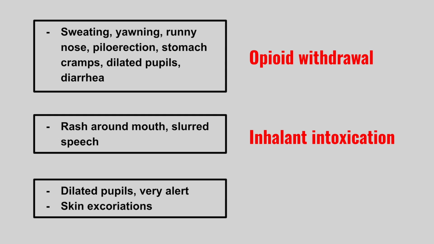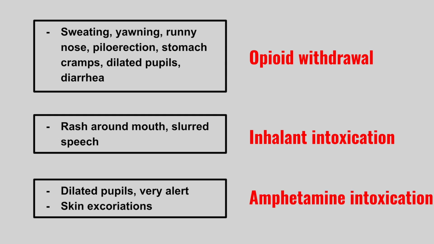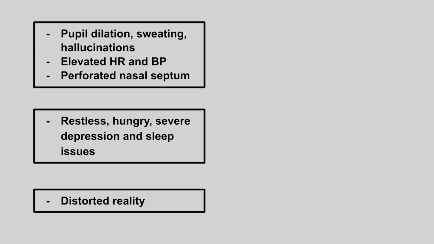Next, we have a patient with dilated pupils. They're very alert and they might have skin excoriations. This is amphetamine intoxication. Next, we have a patient with pupil dilation, sweating, hallucinations, elevated heart rate and blood pressure, and chronic use of this substance can lead to a perforated nasal septum.